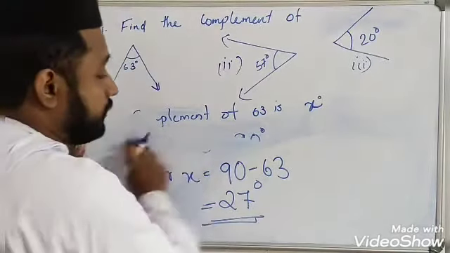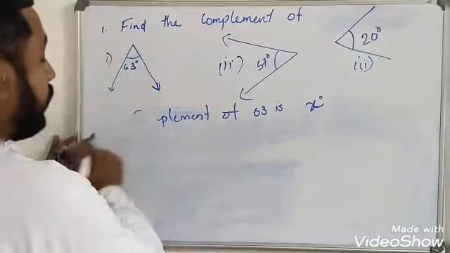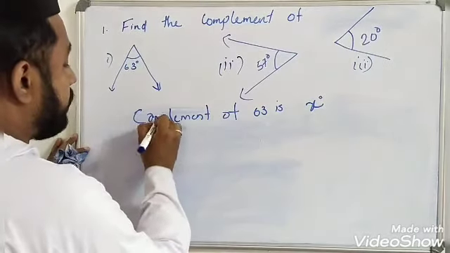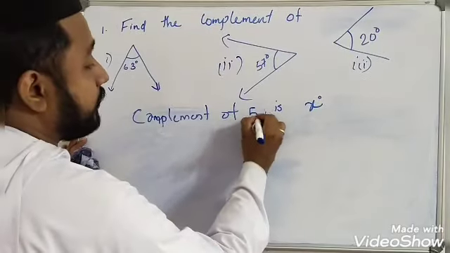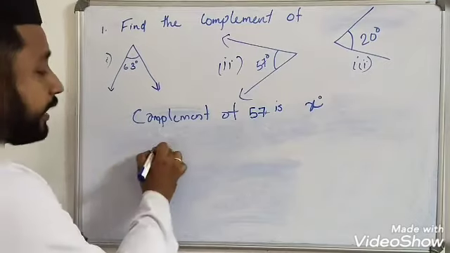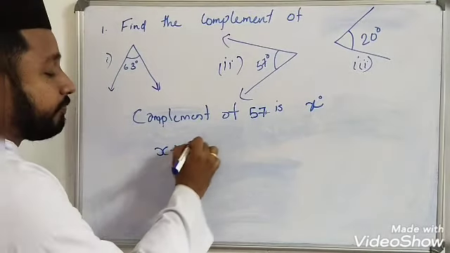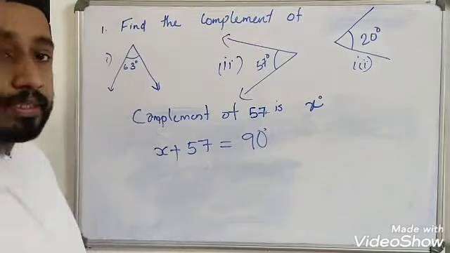Second question, we have to find the complement of 57. We take the complement of 57 as x. That is x plus 57 is equal to 90 degree, since the sum of the angles is 90 degree.